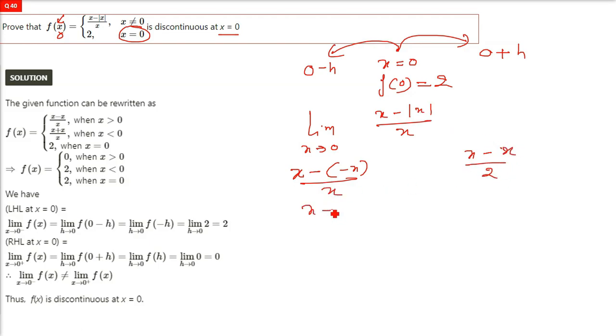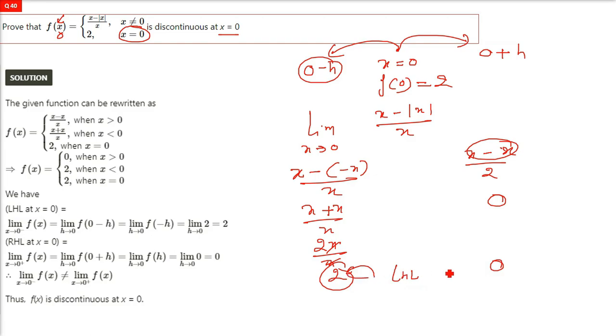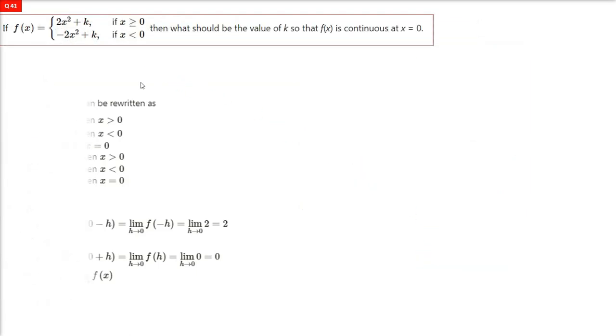So x minus of minus x is x plus x divided by x. This is 2x by x, x gets cancelled, so it is constant. So even if you apply the limit, nothing will happen because it is constant. The left hand limit is 2, right hand limit is 0. They are not equal, so you don't have to check for any other thing because this is discontinuous at x equals 0.